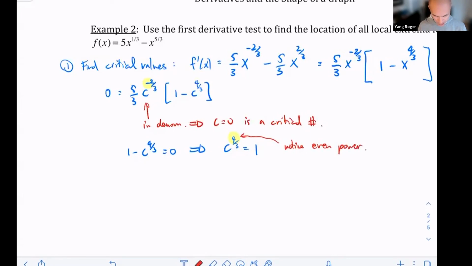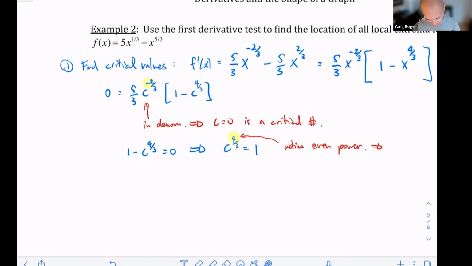Okay. So why do I ask you to notice that even power? Because I think most of you, if I asked you what c would be, would say 1. And 1 is correct because 1 to any power is going to give you a 1. But I want you to notice that c equal to negative 1 is also a critical value, because the cube root of negative 1 is negative 1.